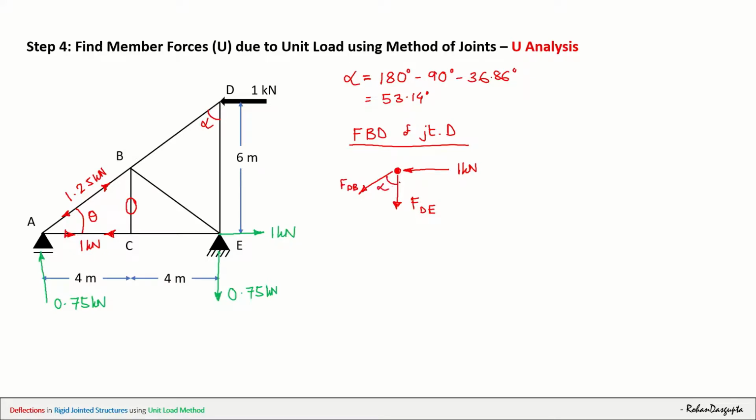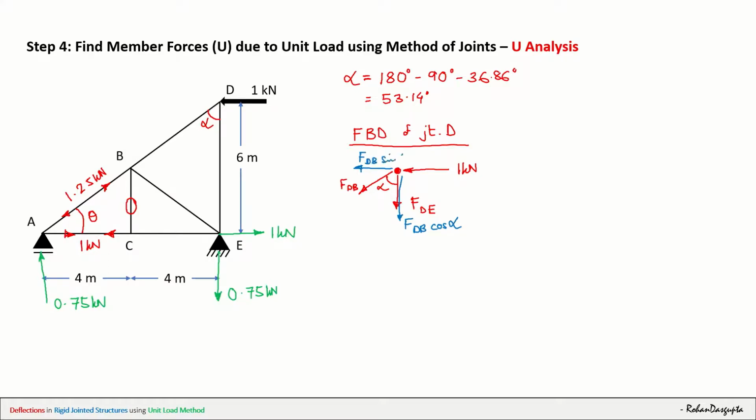Now before going further, I will have to resolve this force FDB. In the vertically downward direction, it is going to be FDB cos alpha, and in the horizontal direction, it will be FDB sin alpha.